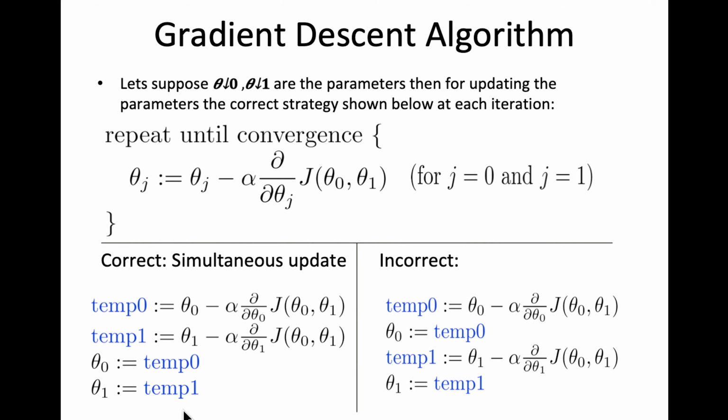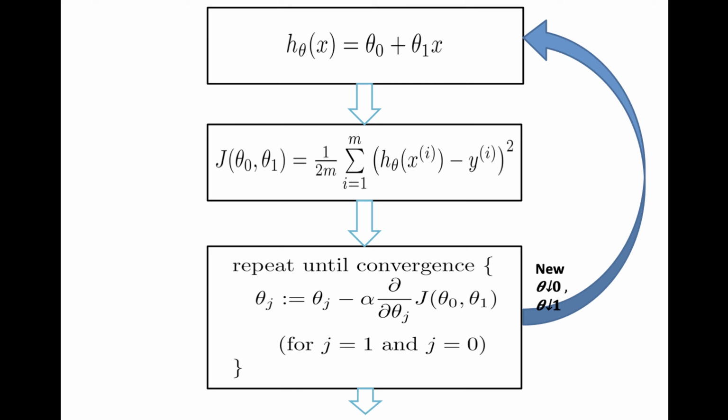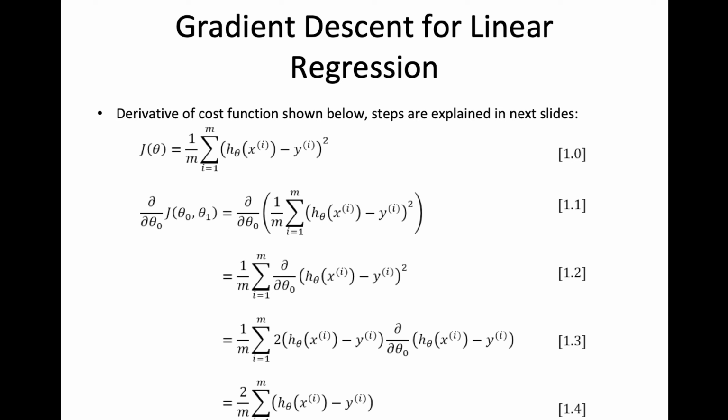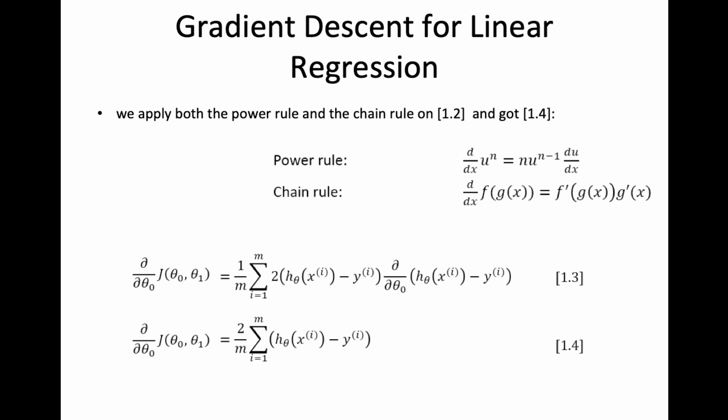And these are the partial derivatives we take. We are going to repeat this till we converge at the local minimum. For linear regression, the key is the derivative term, and the derivative of the cost function is shown here. I'm not going to talk through this mathematics, but essentially we use the power rule and chain rule to carry out the necessary computations.